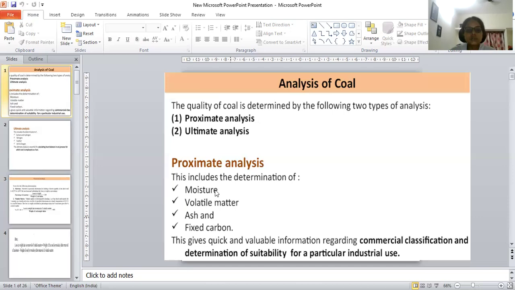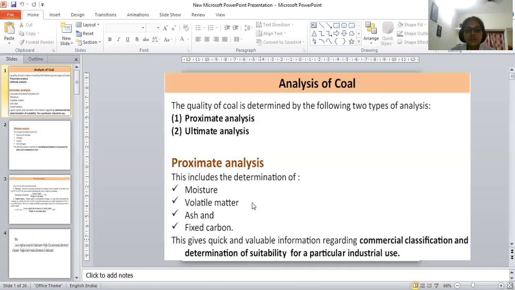It includes the determination of moisture, volatile matter, ash, and fixed carbon. This gives quick and valuable information regarding commercial classification and determination of suitability for a particular industrial use.